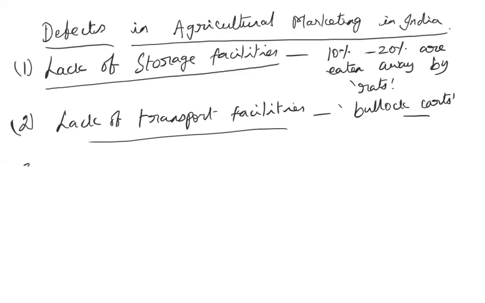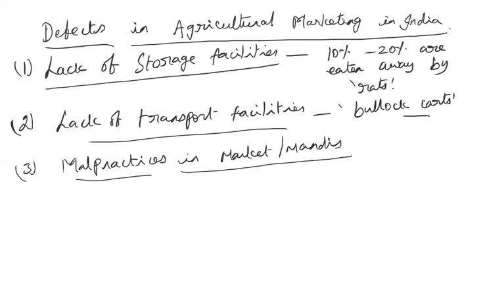Then the third problem faced by them is malpractices in the market. Even if they are able to cross all these barriers and bring the produce to the market, even in the mandis, they are cheated in several ways by the middlemen.